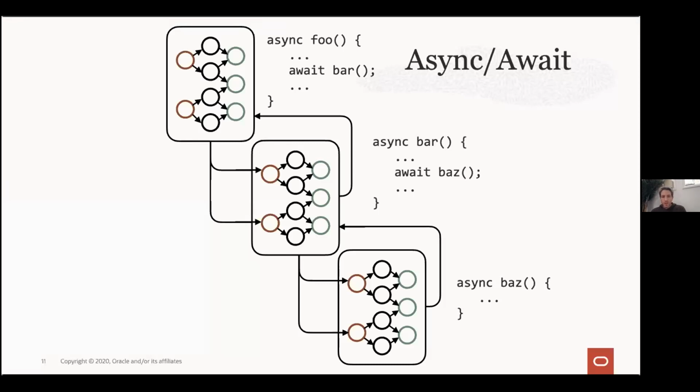So the question is, why would we even consider a distinct syntactic construct to express the same semantic idea as a construct that most languages already have? Well, there are some differences, both in semantics as well as in the implementation, and we'll focus on them in the rest of the talk.